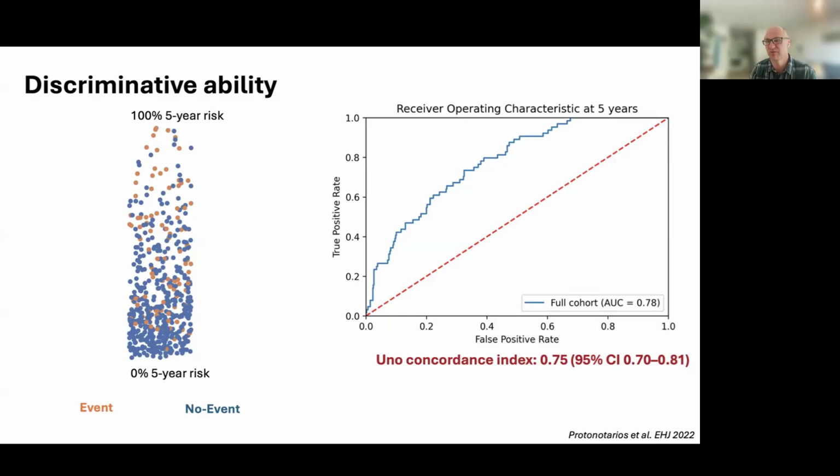Many people have heard of AUC, which is similar to the C index here. Does anybody know what kind of values it takes? Here, Alex said 0.75. Would you be able to say whether that was a good value or a bad value? What do you think?